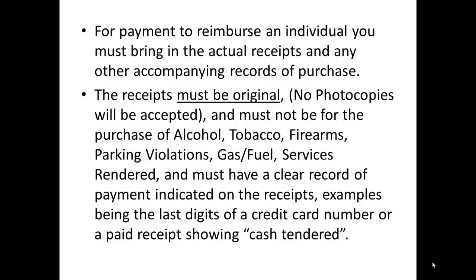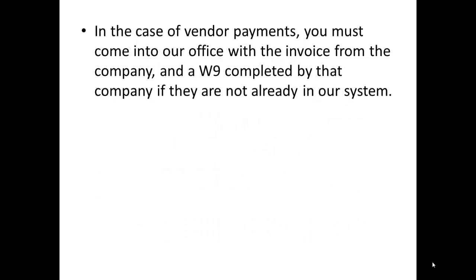The receipts must be original, no photocopies will be accepted, and must not be for the purchase of alcohol, tobacco, firearms, parking violations, gas, fuel, and services rendered, and must have a clear record of payment indicating on the receipt, examples being the last digits of a credit card number or a paid receipt showing cash tendered.